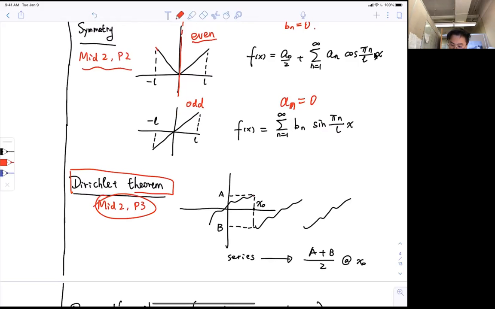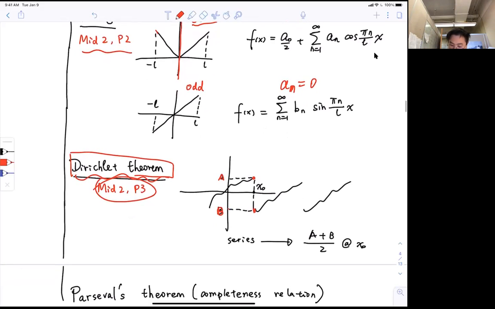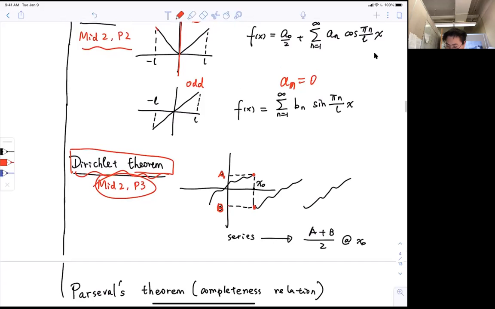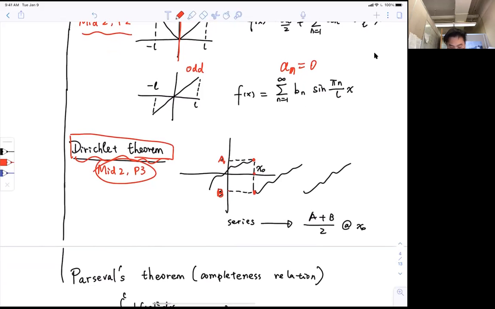For example, assuming this point corresponds to A and this point corresponds to B, then this theorem tells us the series will converge to the middle point of A and B. So basically it's A plus B divided by 2 at this x0 point.